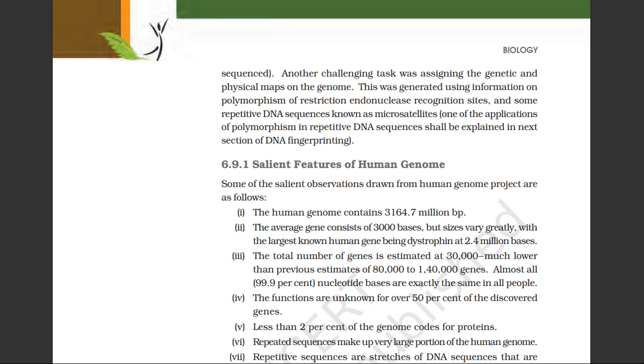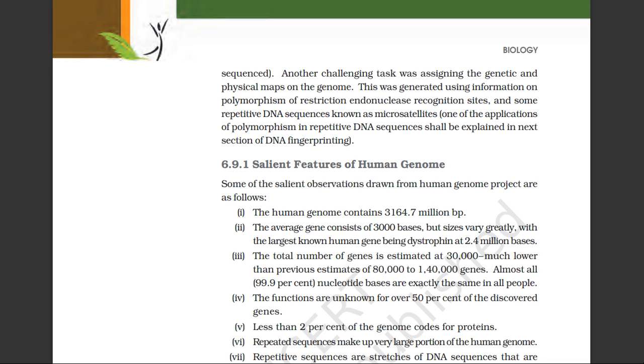The average gene consists of 3,000 bases, but sizes vary greatly, with the largest known human gene being dystrophin at 2.4 million bases. 3. The total number of genes is estimated at 30,000, much lower than previous estimates of 80,000 to 140,000 genes.